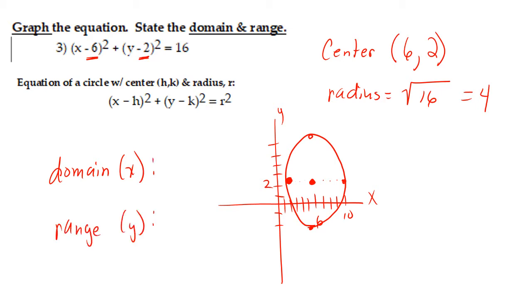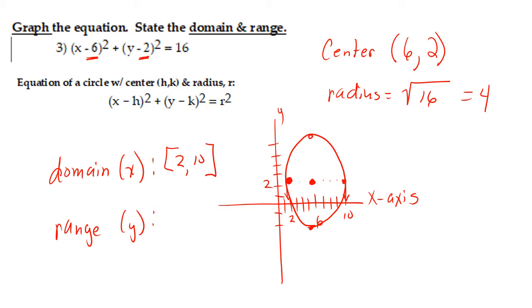Now for the domain, use the x-axis like a measuring stick. Notice that on the left of the circle, the farthest left value is a 2 on the x-axis. The farthest right-hand value is a 10. So we will say the domain is [2, 10]. Using brackets shows that there are points on those values.